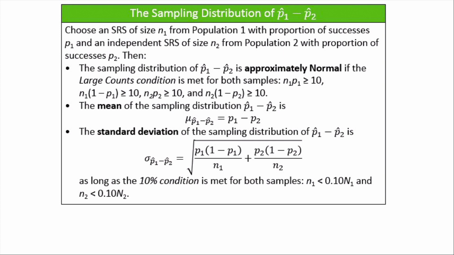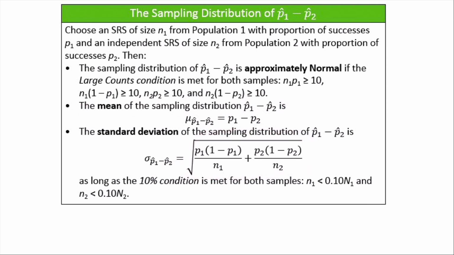The sampling distribution is approximately normal if the large counts condition is met, the normality condition. The mean is you just subtract them, and that's the mean difference. So when they say the mean of the sampling distribution, they're just talking about the difference. And then the standard deviation, that looks familiar.